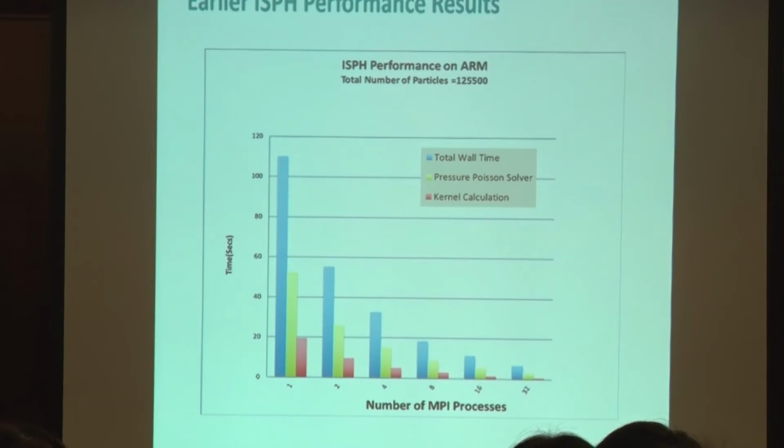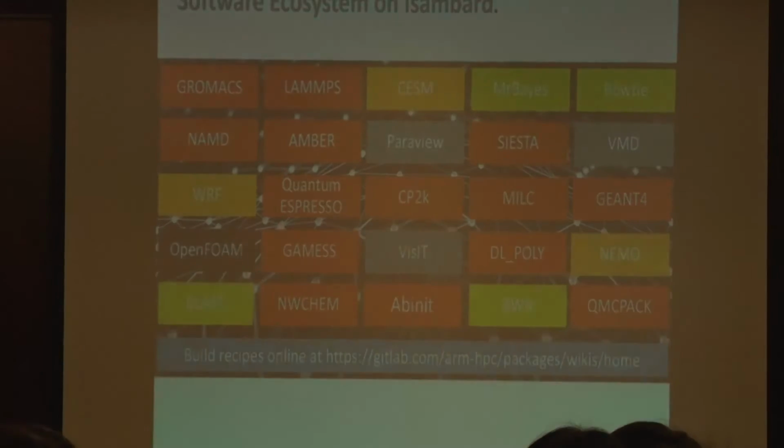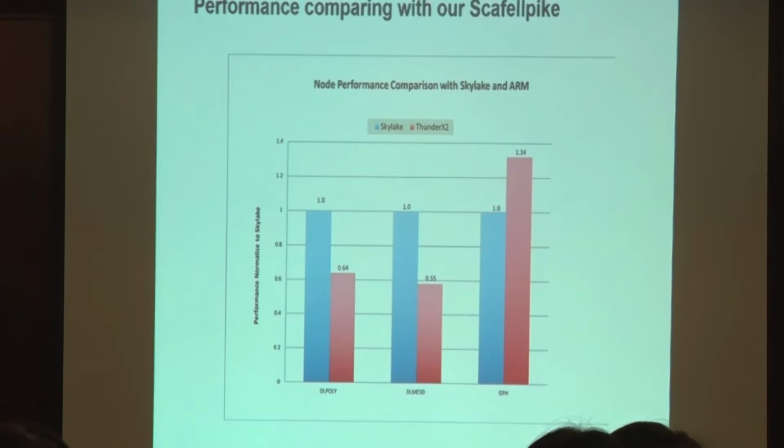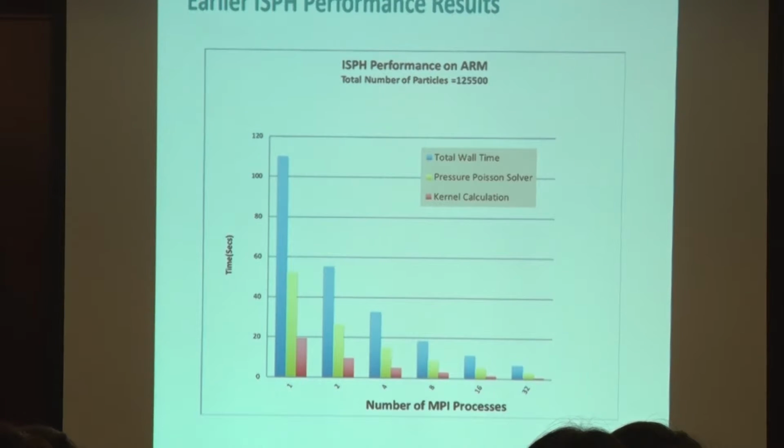And for the ISPH code, ISPH is a particle-based method. The particular thing is that because it's incompressible SPH, you need to solve a Poisson equation, so it's related to a sparse linear solver.